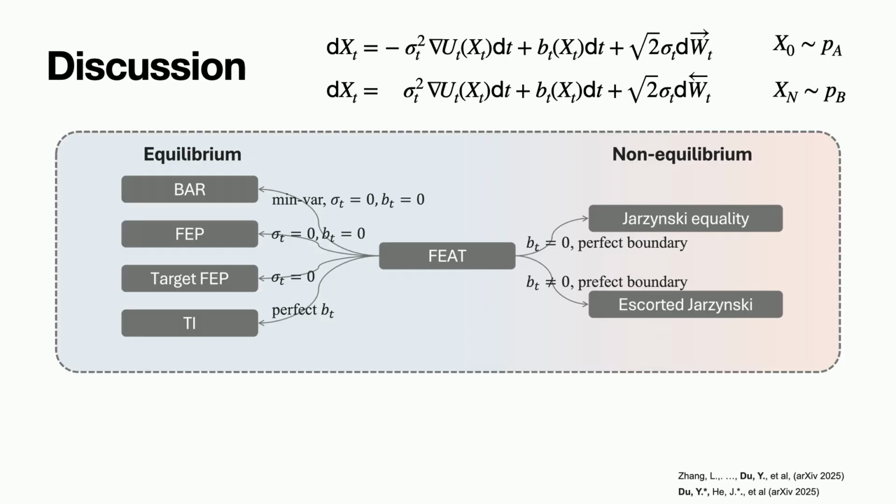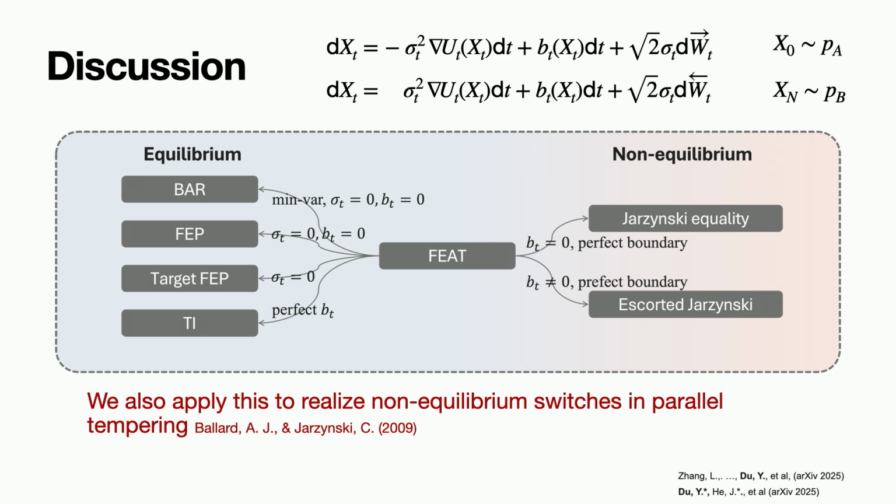All right, and to wrap up, as I said, I have another little part for maybe 10 minutes. But for the first part, I've heard Professor Lin talk about parallel tempering or replica exchange Monte Carlo, and we can also apply the same work to realize non-equilibrium processes.